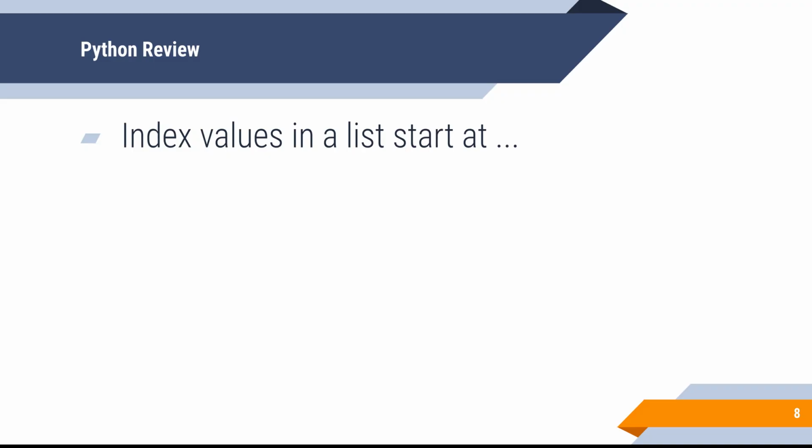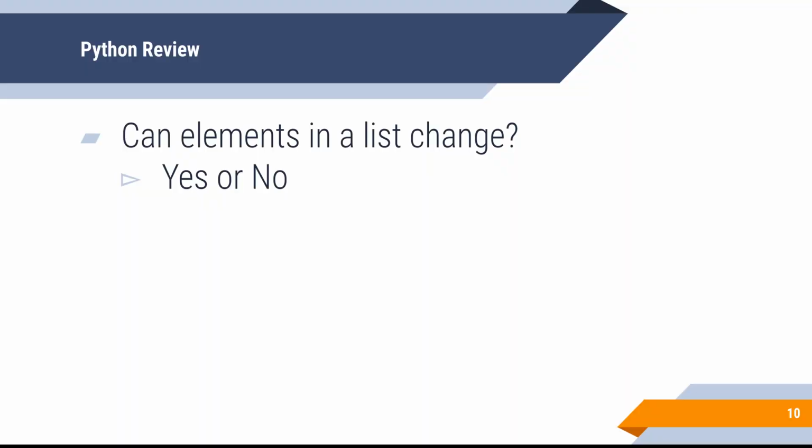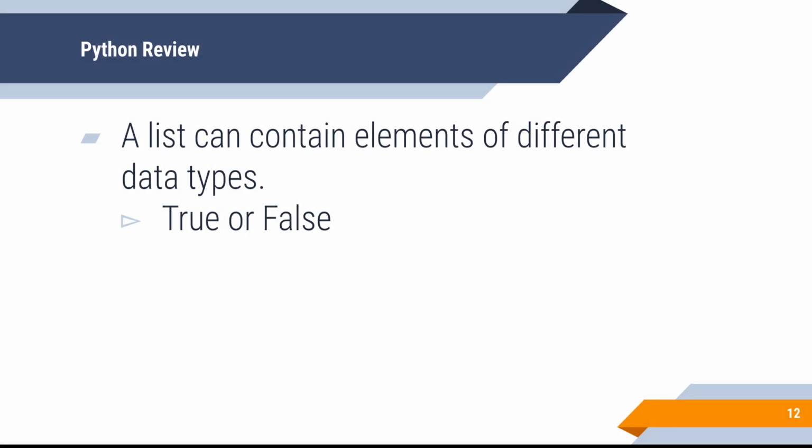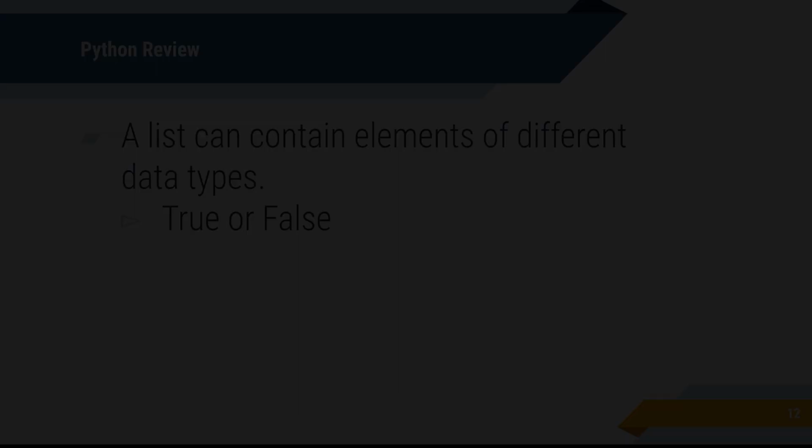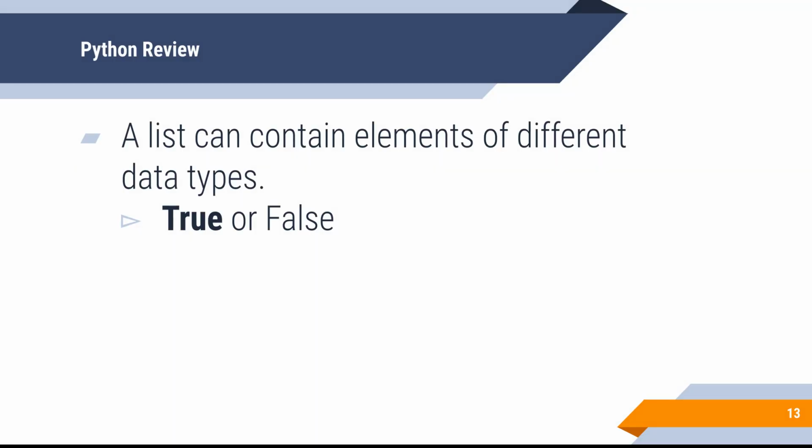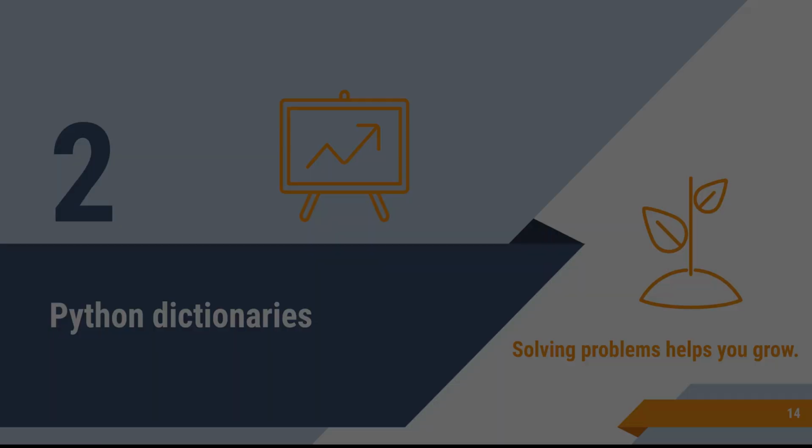Index values in a list start at, remember in Python, we start counting from 0. Can elements in a list change? And the answer to that, just like variables, is yes. A list can contain elements of different data types, and that is true. So a list is a collection of objects, and they can be of any different data type.